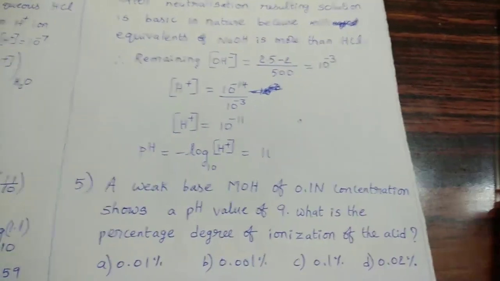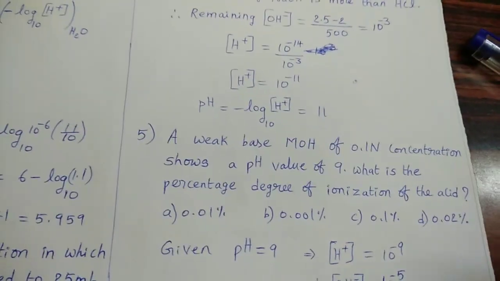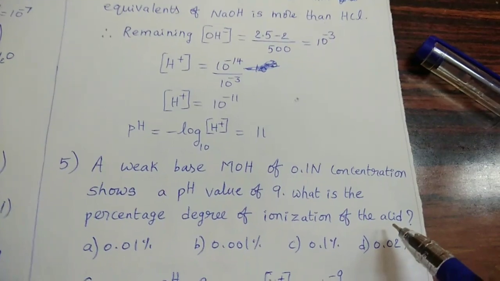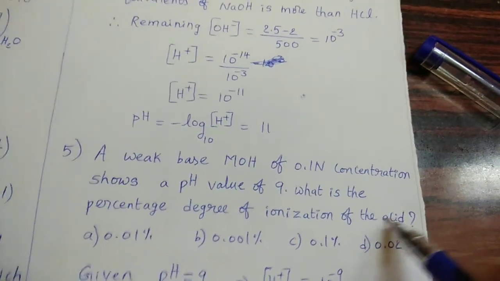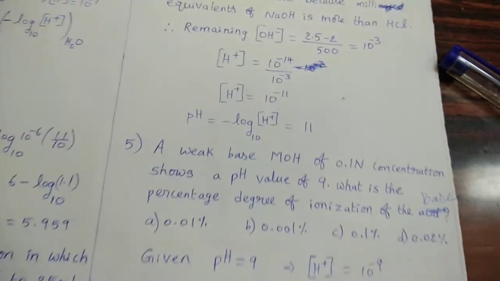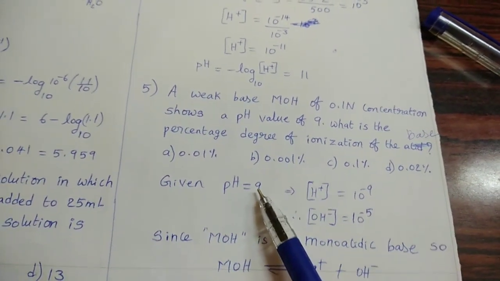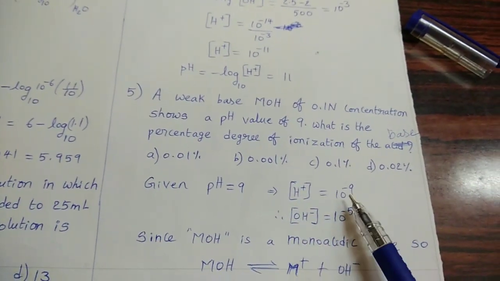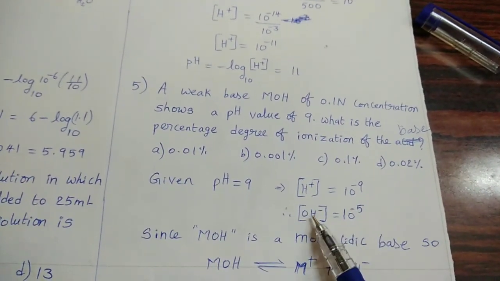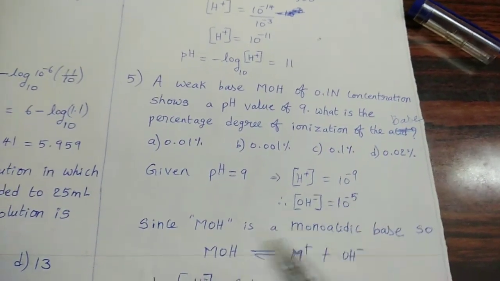See, this is a base, this is not an acid. Next. See this, given pH equal to 9. From this, H plus ion concentration is 10 power minus 9. So OH minus ion concentration is 10 power minus 5.